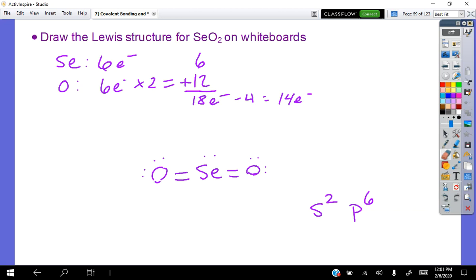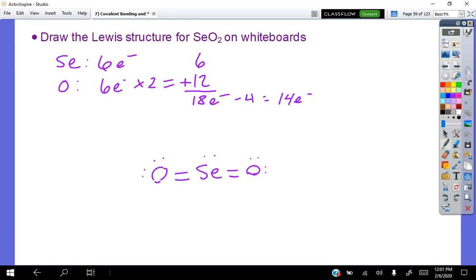What ends up happening is that elements that are in the third row and below have extra electrons that it is believed participate in the structure or in the valence shell. So there's some theories on those electrons coming from the d orbital, but there's not a whole lot of proof at the moment as to whether or not those electrons are really actually participating. But we do have data that suggests that we can break the octet rule for some of those atoms that are in the third row and below.